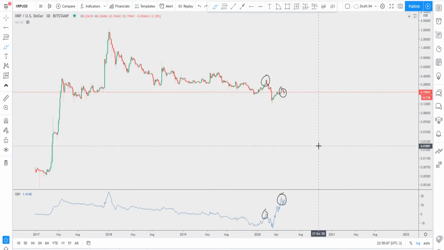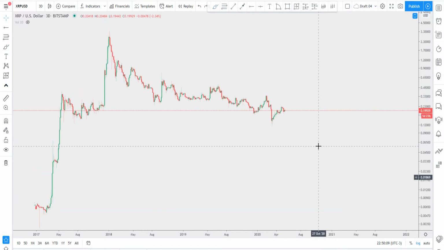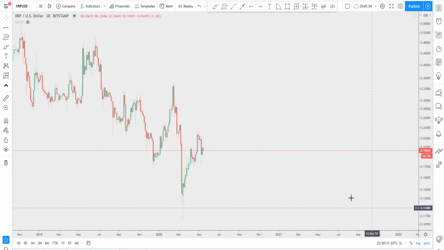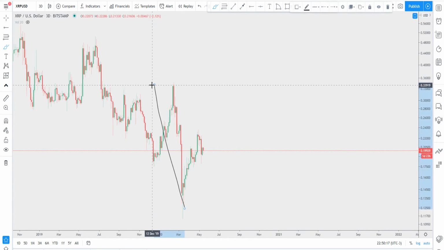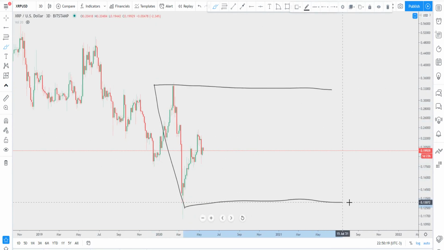Okay, so it's bullish divergence. Watch out, and let's see how this whole scenario will develop. Okay, so guys, I believe this is it for now.